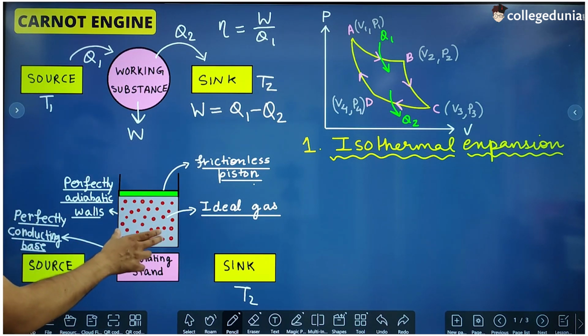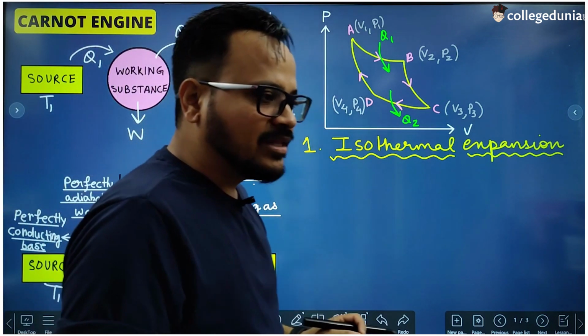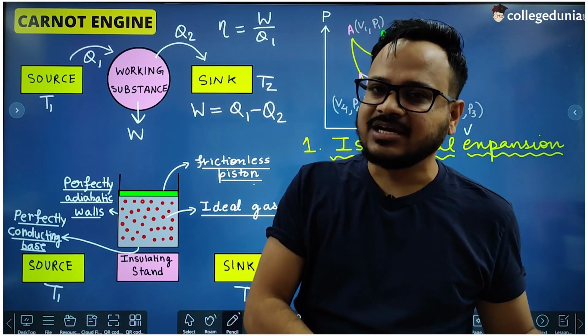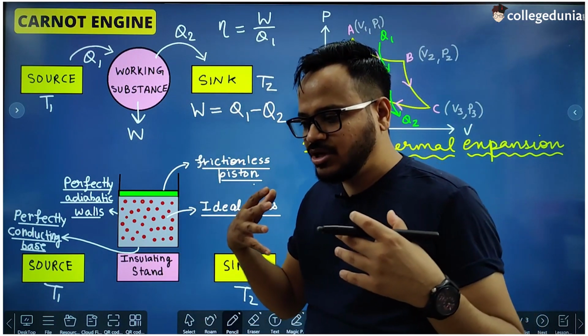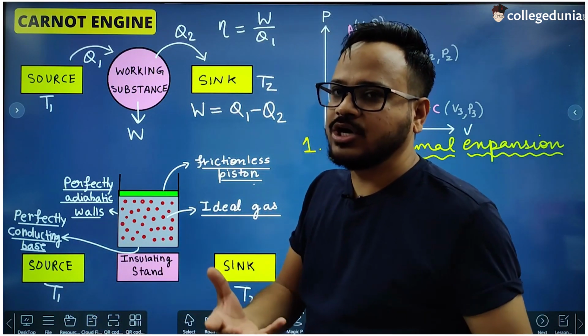So if you put this cylinder on the source, then some heat starts coming into the cylinder. But due to that heat, the temperature of the gas is not increasing because the whole part of the heat is being used by this gas in expansion. So if the gas is using the entire heat in expansion, the temperature of the gas is not going to change.